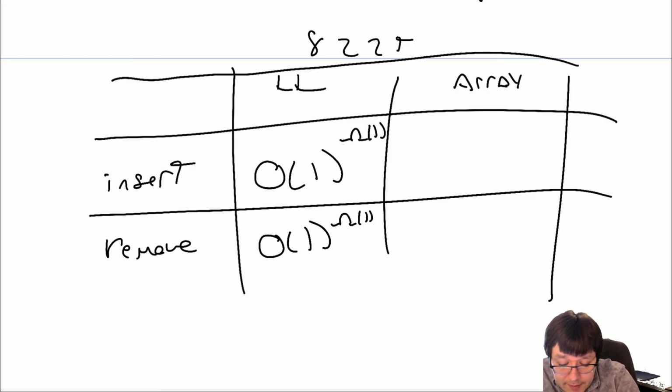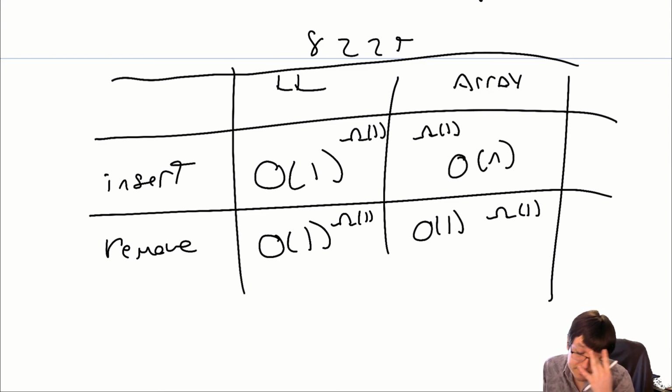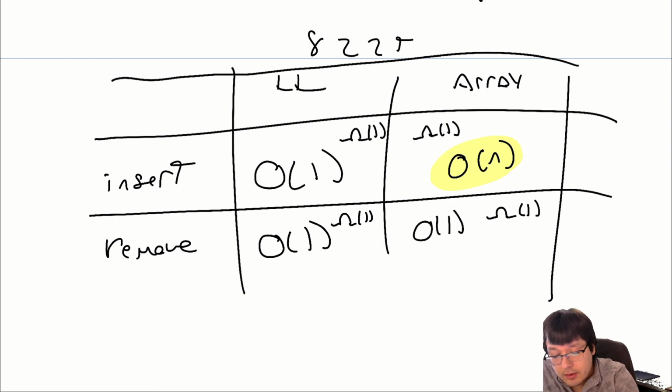For the array, it's always going to be O of 1 for the removal, but technically speaking, for the insert, it's going to be omega of 1, but O of n for the big O. That happens in the special case, because you have to make assumptions about resizing the array to fit it.